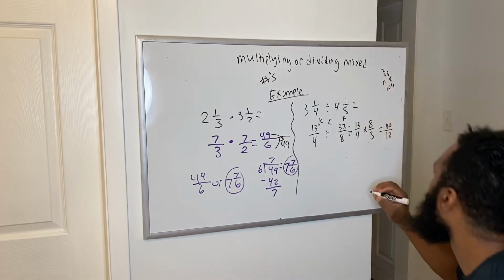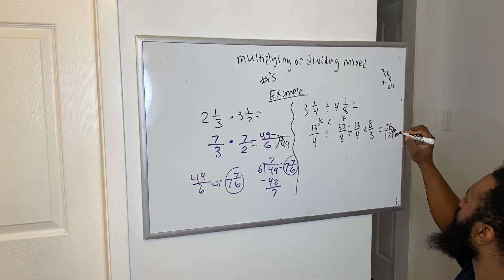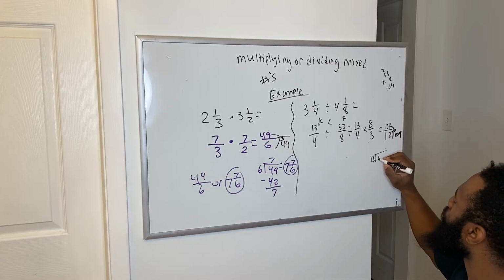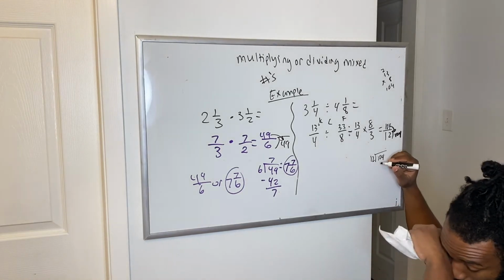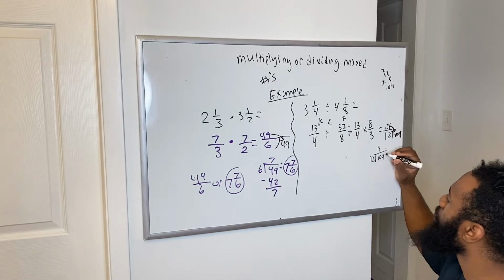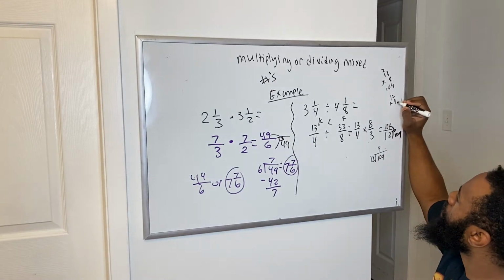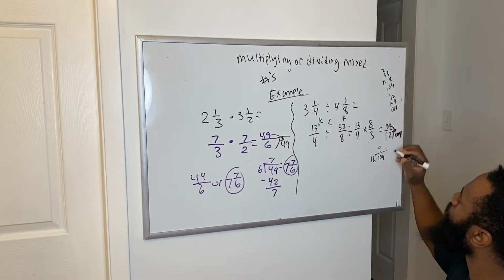Convert to a mixed number. 12 divided by 104. 12 times 9 is 108. Oh, too high.